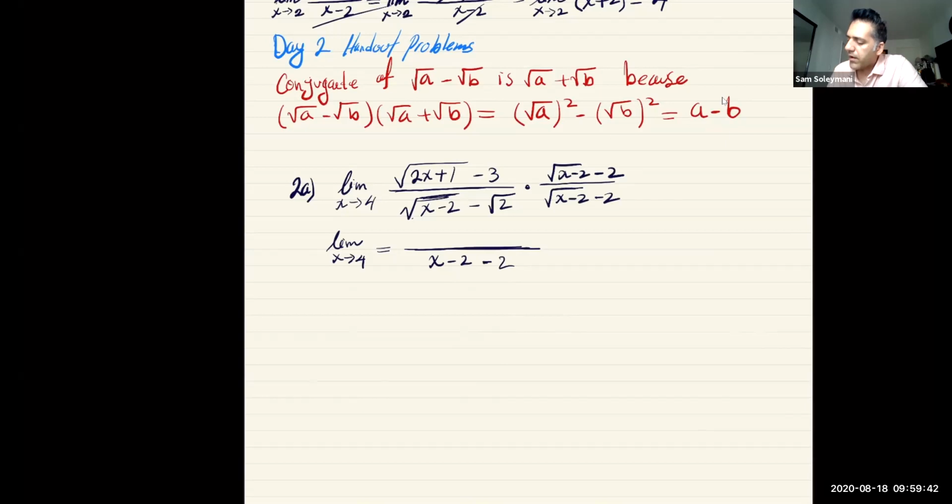On the top, leave the square root of x minus 2 plus 2.